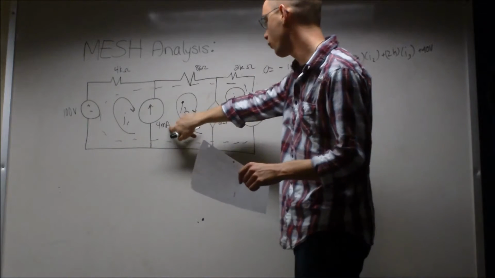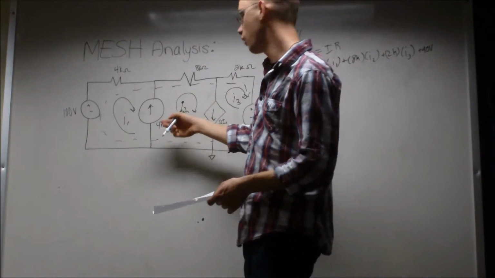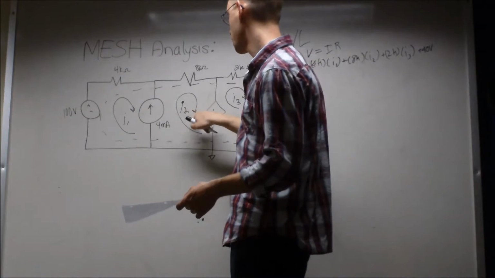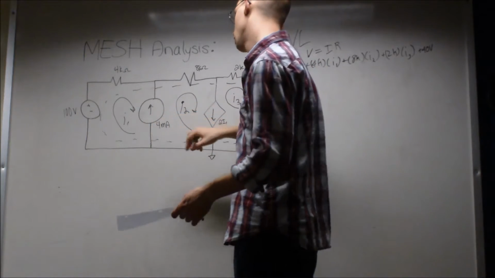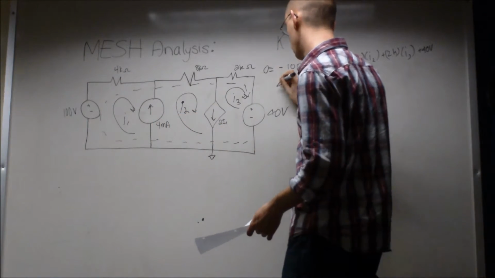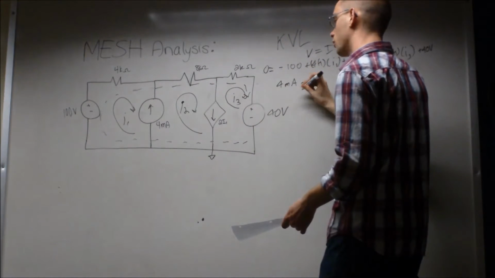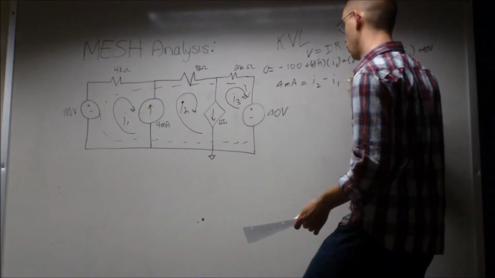So we start by taking this 4 milliamp source here. What we notice is that, with the variables I1, I2, and I3, I2 goes in the same direction as that current source, but I1 opposes it. So, using simple logic, the 4 milliamp source is equal to I2 minus I1.